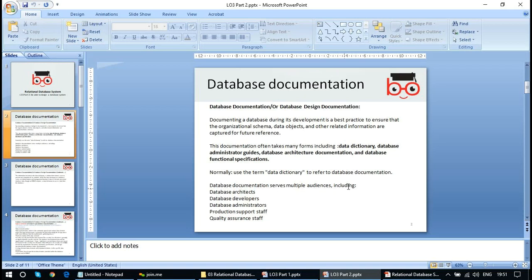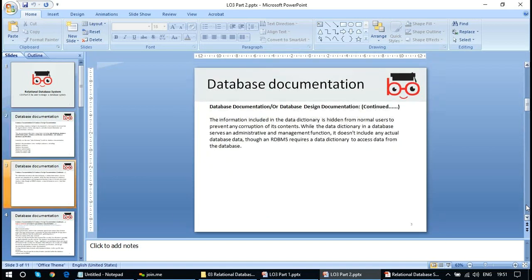The database documentation serves multiple audiences including database architects, developers, administrators, so anyone, even at the user or the architect programmer level, they will refer to the data dictionary. So that comes to the database documentation.